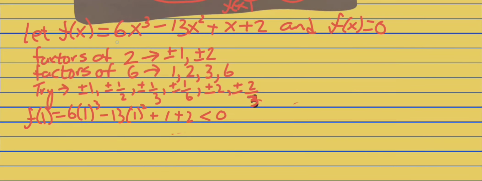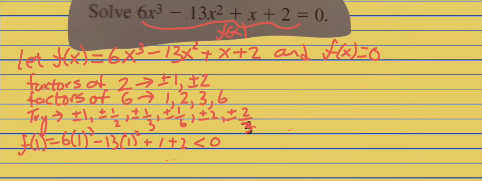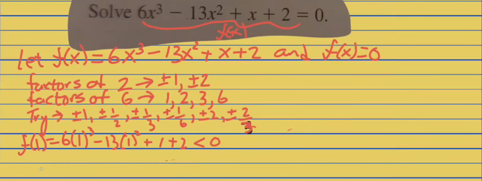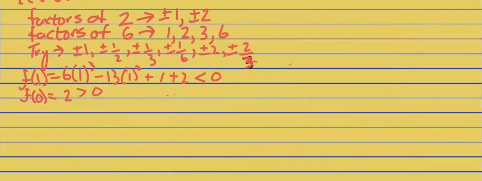However, if we substitute in 0, we would get positive 2. The y-intercept of that polynomial function would be 2. So f of 0 gives us 2, which is greater than 0, correct? Yeah. Polynomial functions are continuous.